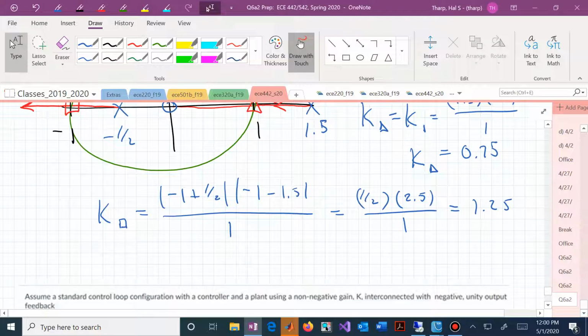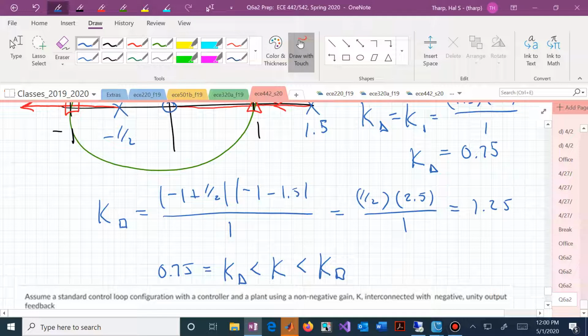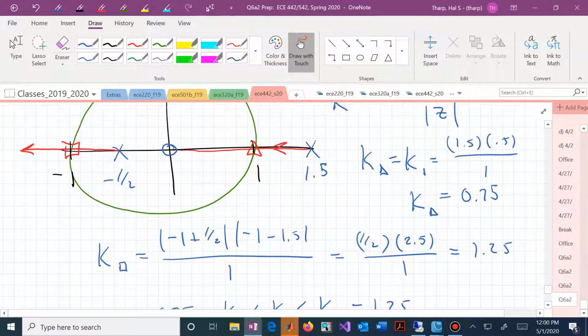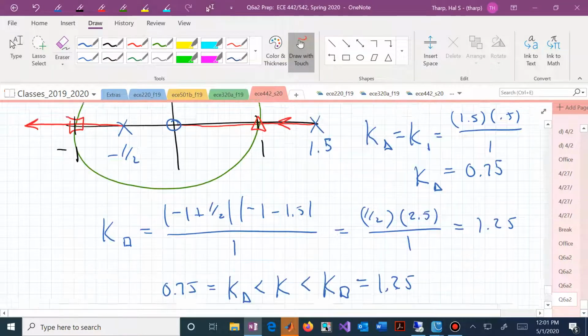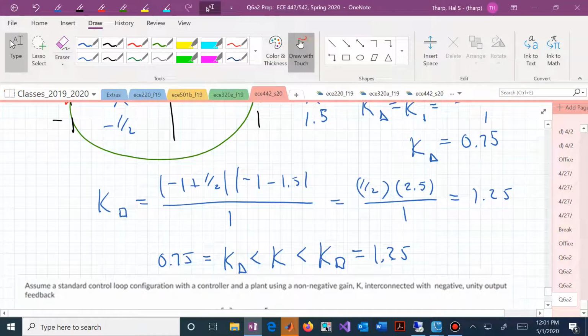And in fact then we do have stability between the triangle and the box. So our gain is going to be producing a stable closed loop system for a finite range of gain values. And that would be the answer that you would be looking for if that was one of your choices. If that wasn't one of your choices, you say none of the given answers.